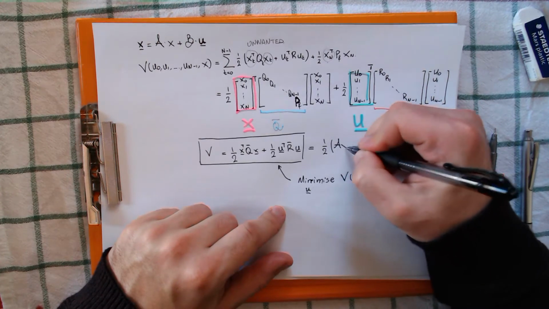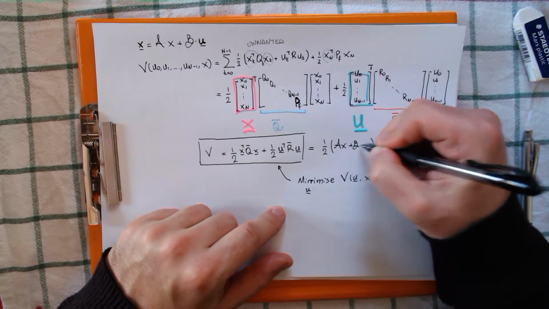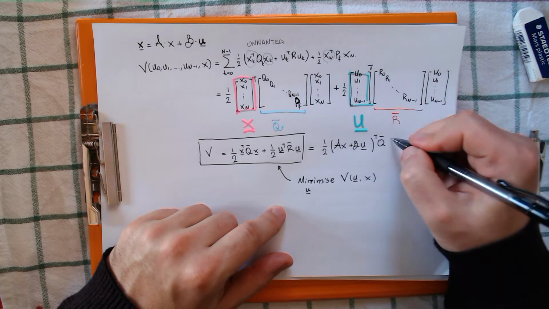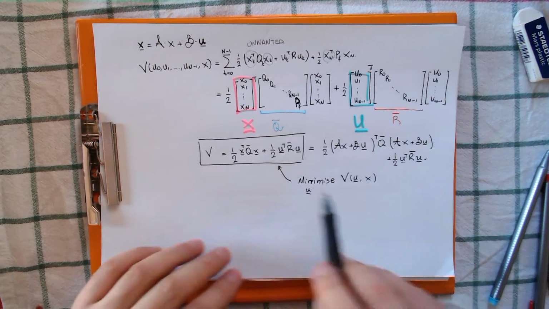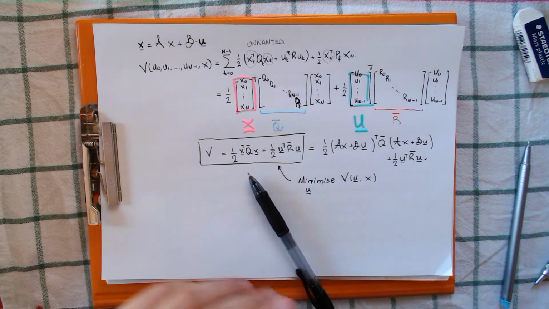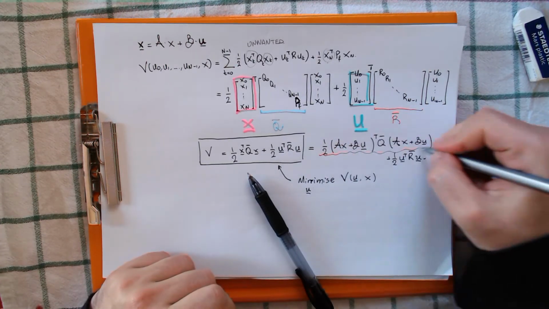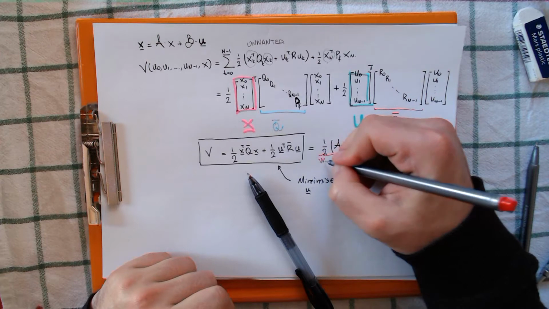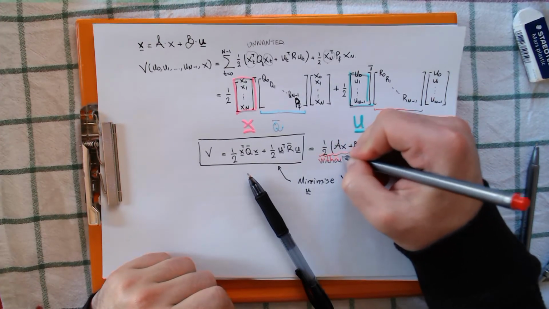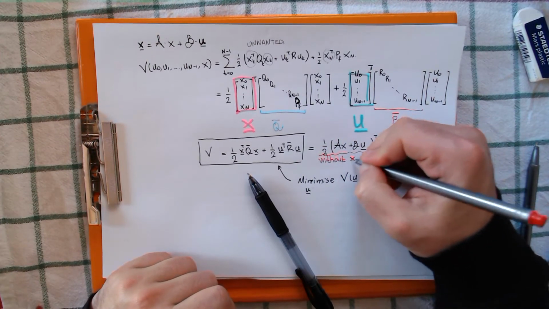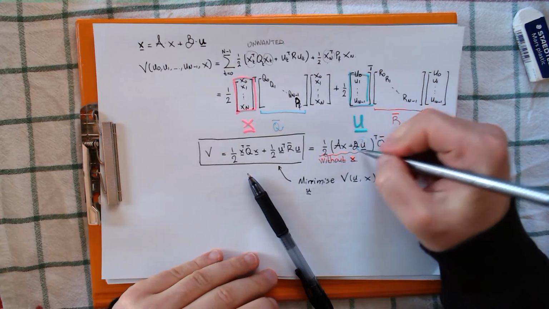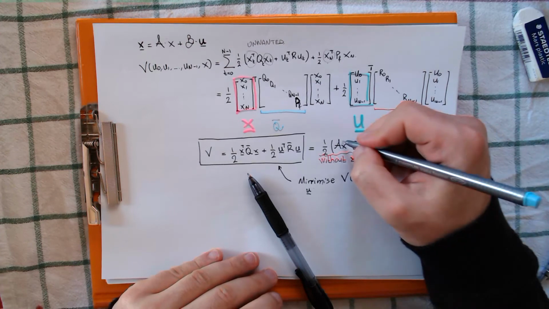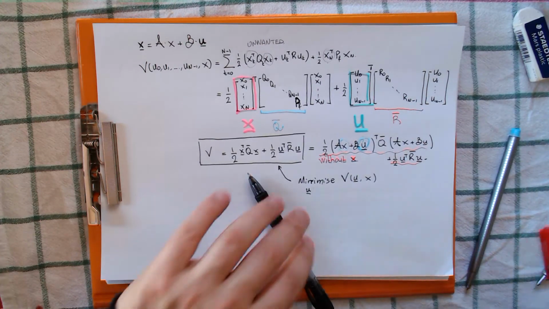Isn't it ax plus bu underlined? So now this way we have written the cost function without unwanted variables. So without x underlined, there is no x underlined in there. What we have is just u underlined and x, which are absolutely fine.